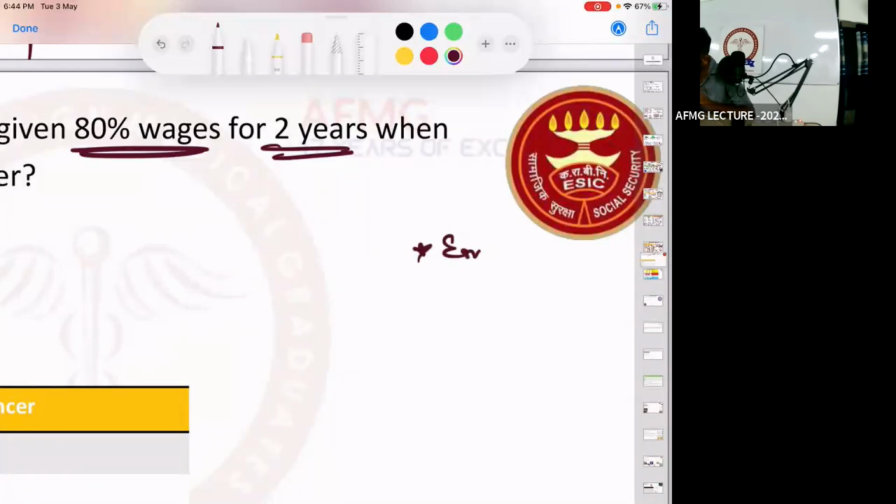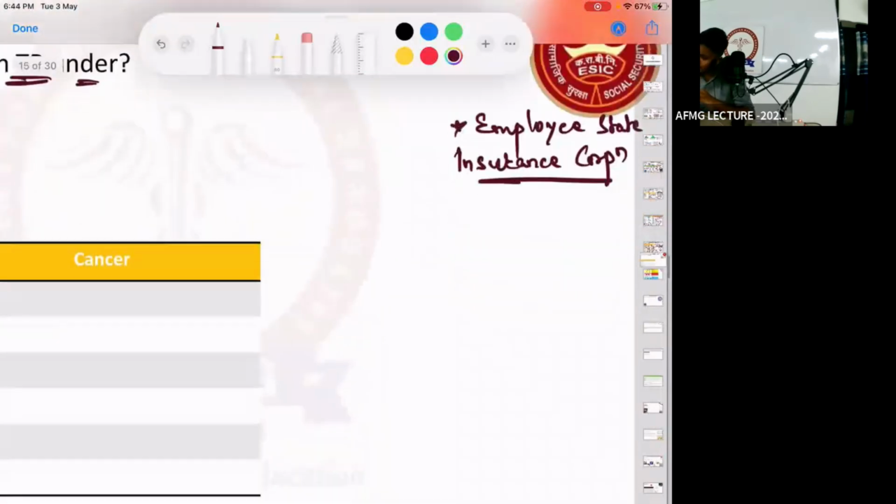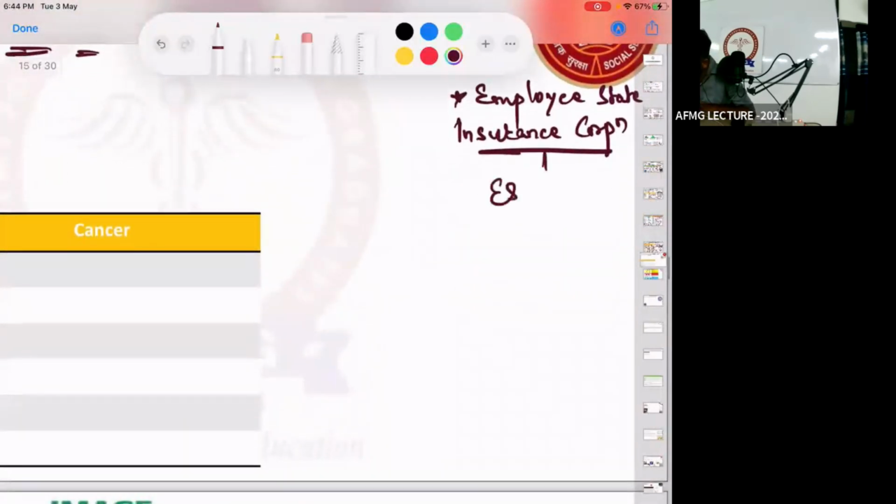This corporation was formed after the ESIC Act of 1948. Some books say ESI Act 1940, but the final draft was in 1948. No issues with this.